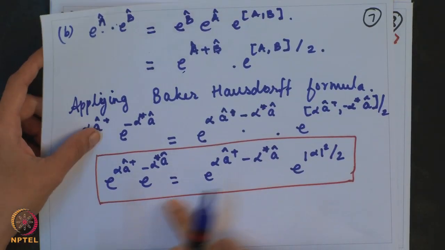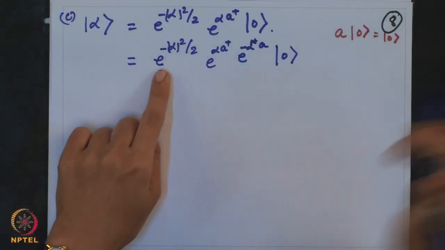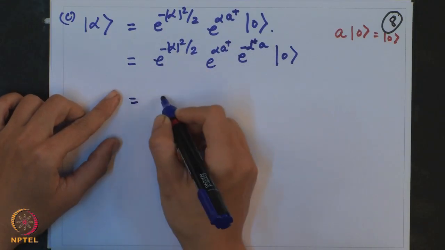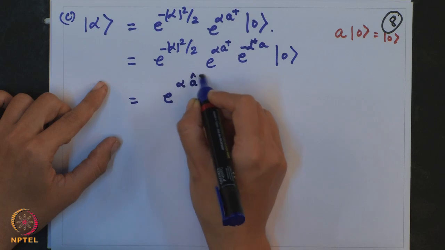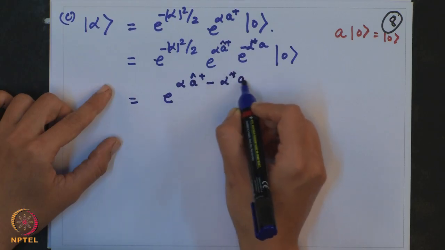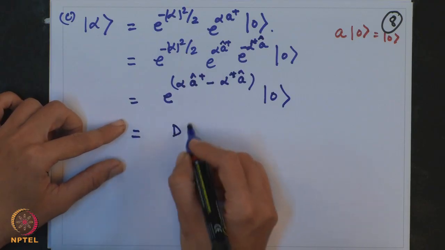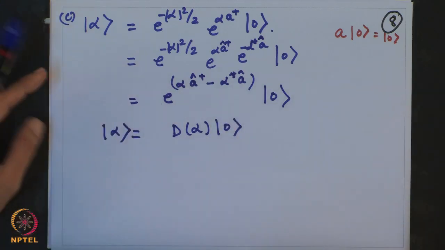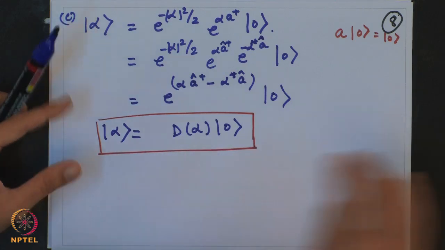So, when I use this relation, I will have this term times this, and I have one exponential minus alpha square by 2 in the expression already. So, I will just end up having e raised to A dagger minus alpha star A on the state 0, and this is the definition of the displacement operator, and hence we can prove that the coherent state can be written in terms of the displacement operator.